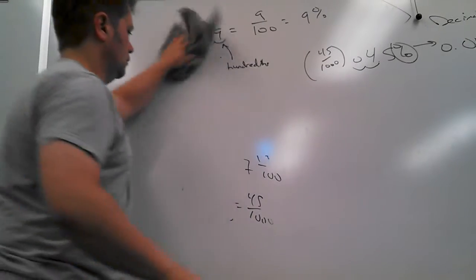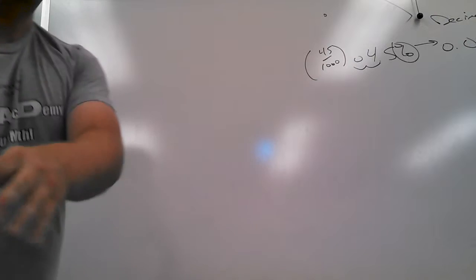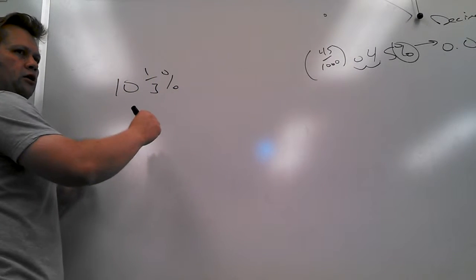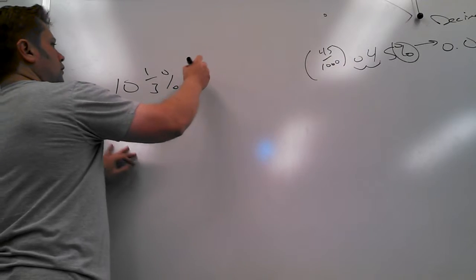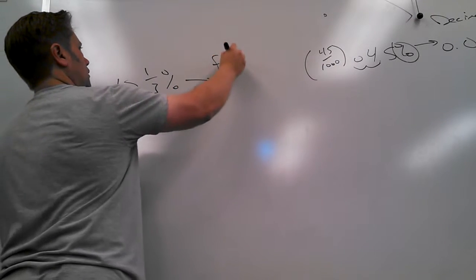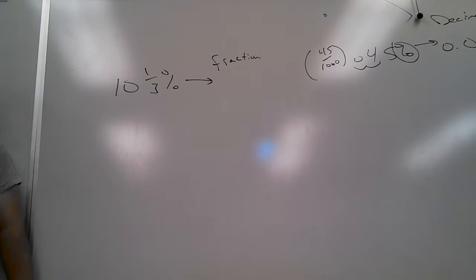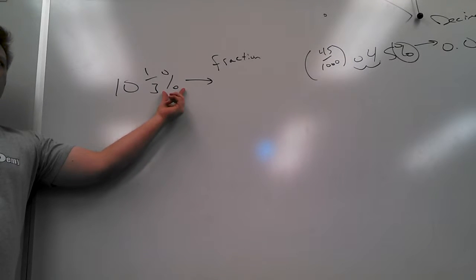How about 10 and 1/3%? So you have 10 and a third percent. Change it to a fraction or a decimal. So here's how you do this. This is kind of neat. You ready? Isn't percentage division by 100?